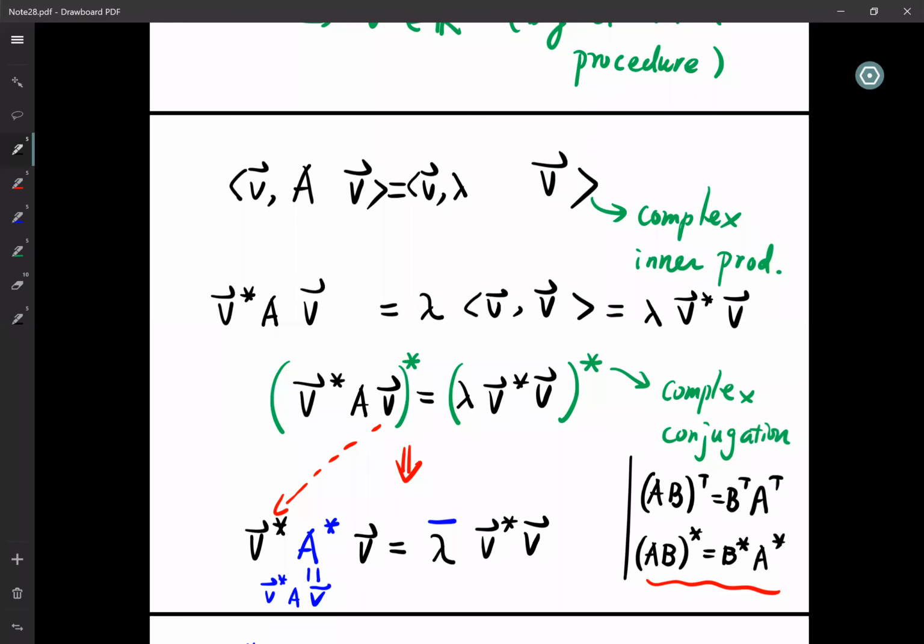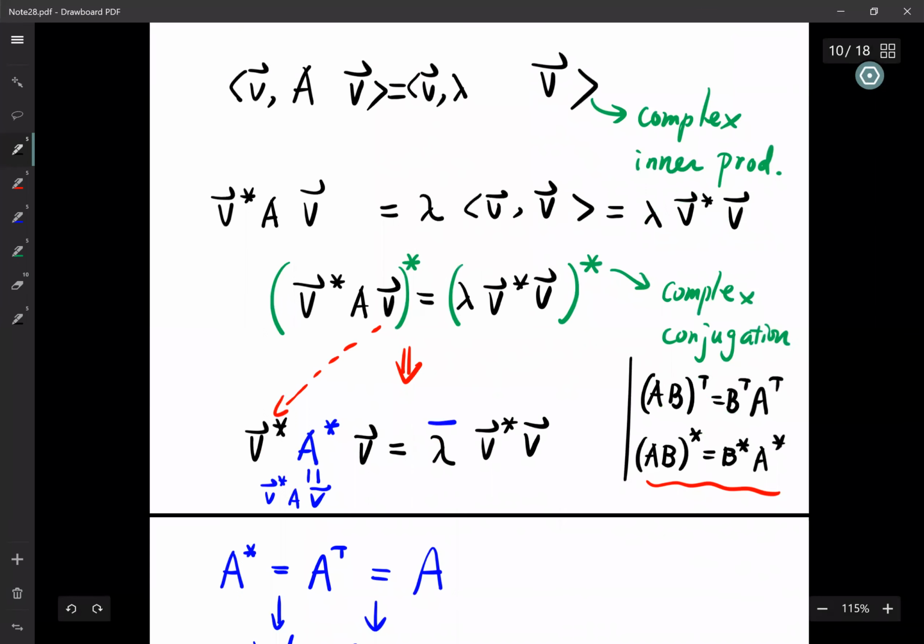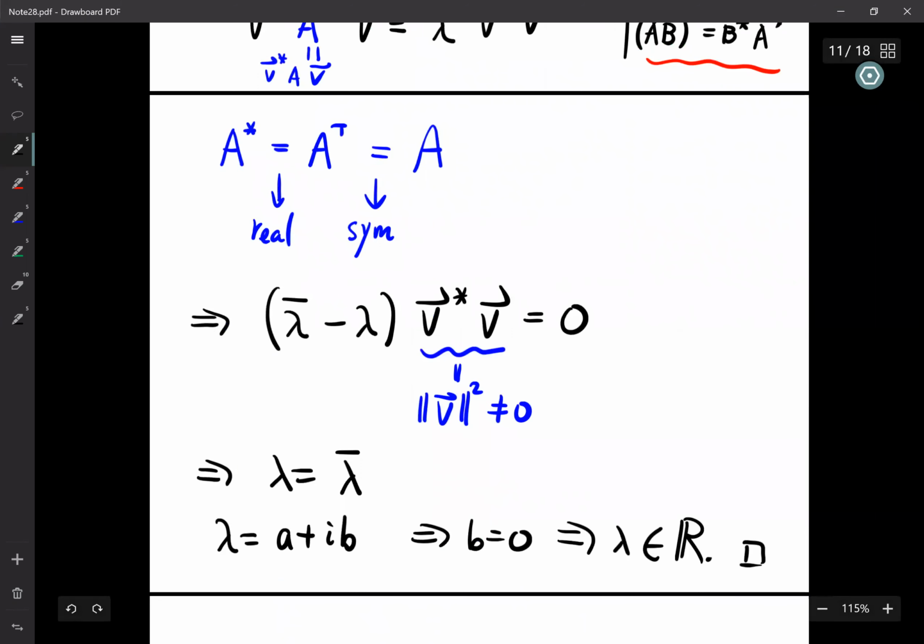But the idea is very simple: if you want to show something is real, one way is to show this number lambda is equal to its conjugate. And using the fact that A is real symmetric allows you to make this part unchanged when you take the conjugation. And then you show that lambda is real. So this guarantees that for any real symmetric matrix A, the eigenvalues will always be real.